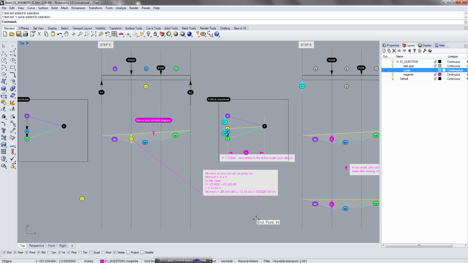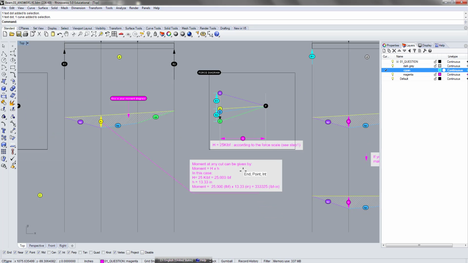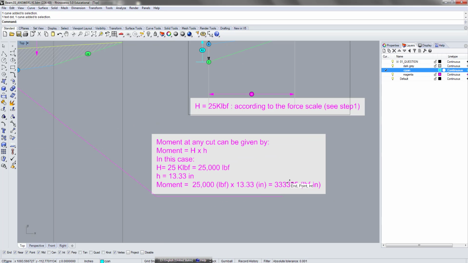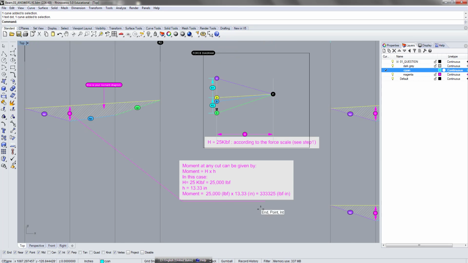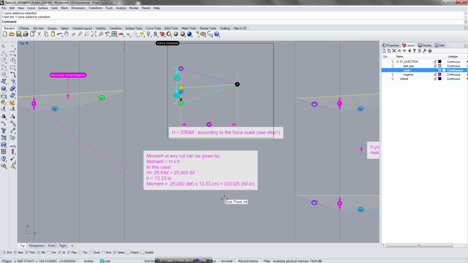The important thing here is the unit for the moment, because we are multiplying the force, in this case kilo-pound force, and this height, which is inches. So the unit for the moment would always be pound-inch, or any variation of that. It's always going to have the force part and the length part: force multiplied by length.